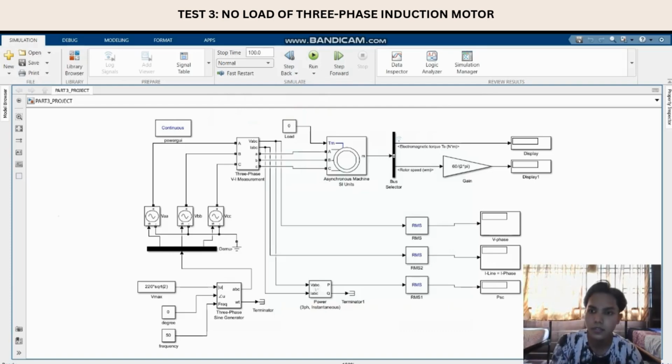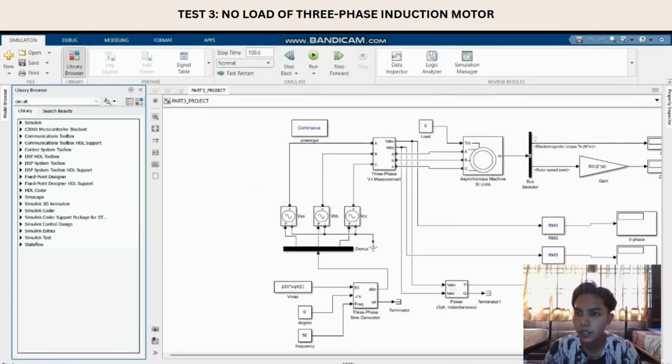So this is our test 3 project, which is no load test of the 3-phase induction motor. So as we can see, this is our circuit. So by using the library browsing, we need to find the component to complete this circuit.